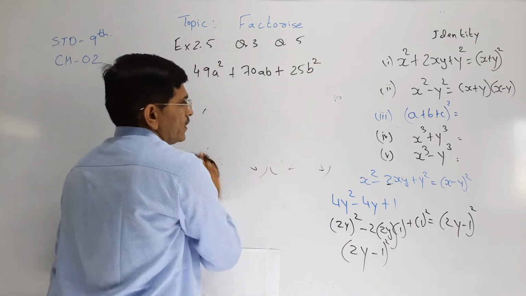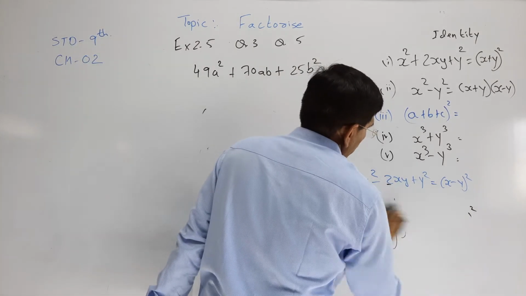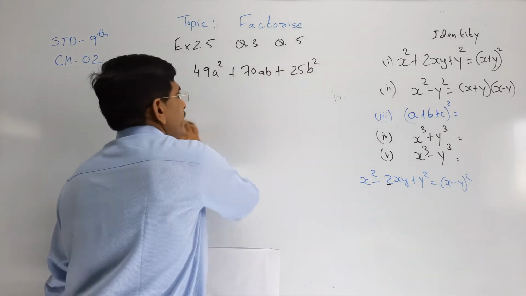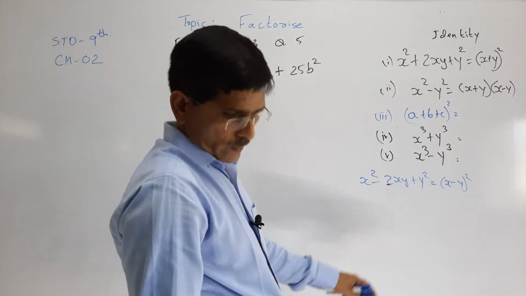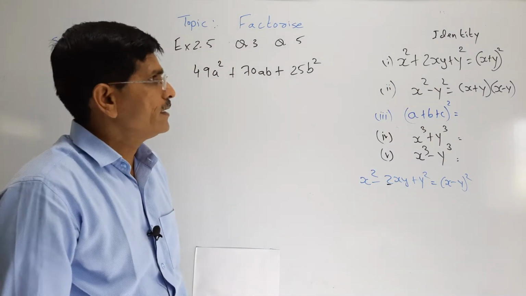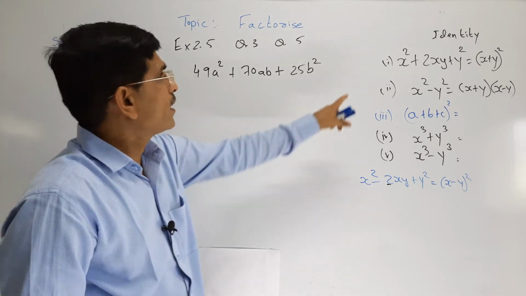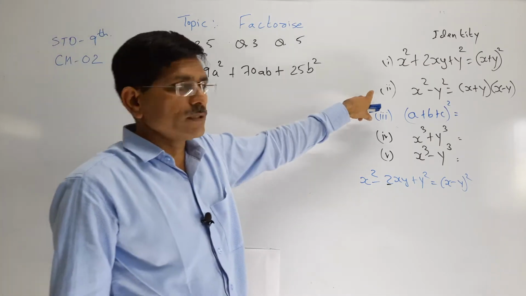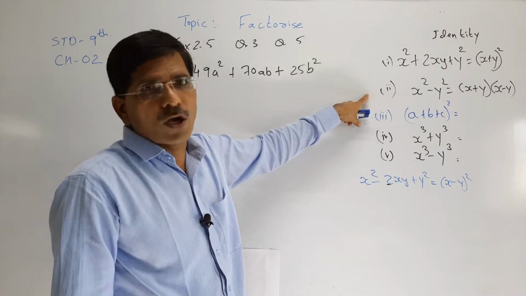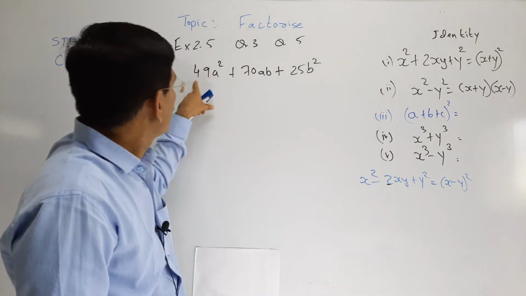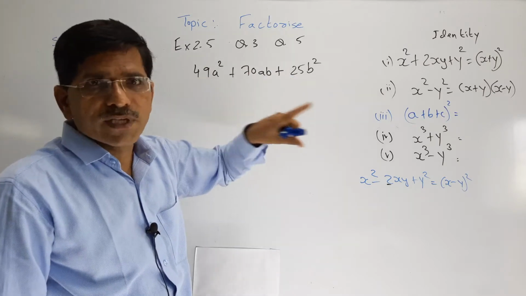Now, if we want to do this sum, which identity do I have to use? The second identity is x square minus y square, that is (x plus y)(x minus y). But here how many terms are there? Three. So, is it possible to continue with the second? Not possible. We have to go for the first, because three terms are there.